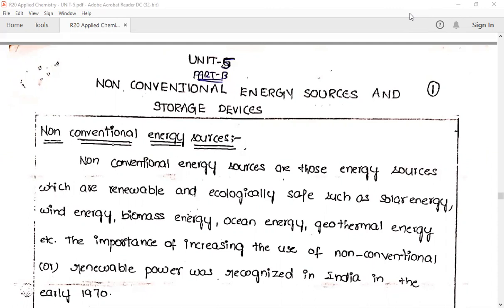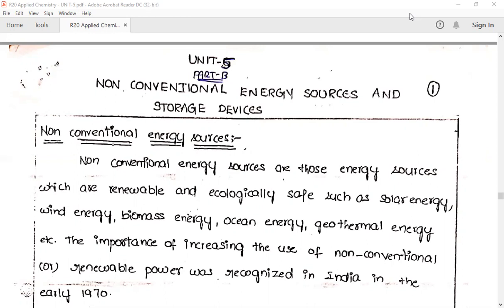Renewable means the energy resource which cannot be exhausted and can be used again and again. For example, the energy generated by using wind, tide, solar, geothermal heat, and biomass, including farm and animal waste as well as human excreta, is known as non-conventional energy.